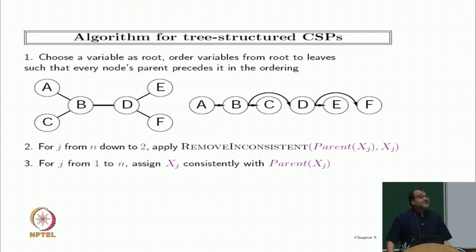What will be the running time of this algorithm? Well, number of edges times D squared. But the number of edges is big O of n because it's a tree.